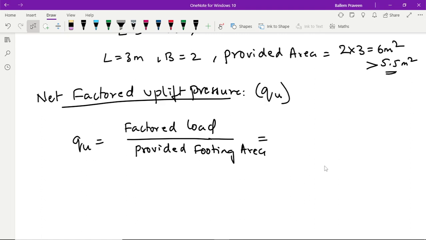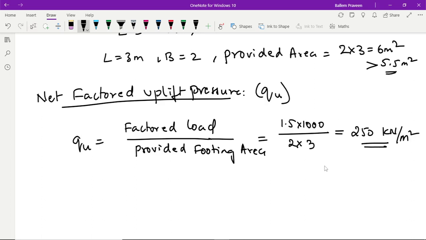Factored load is 1.5 into 1000, or directly you can take 1500, divided by the area, 2 into 3, we have provided 6 meter square. So it will be 250 kilonewton per meter square.